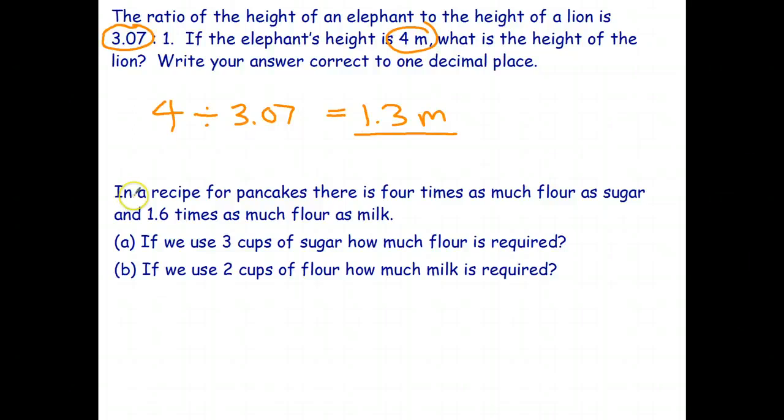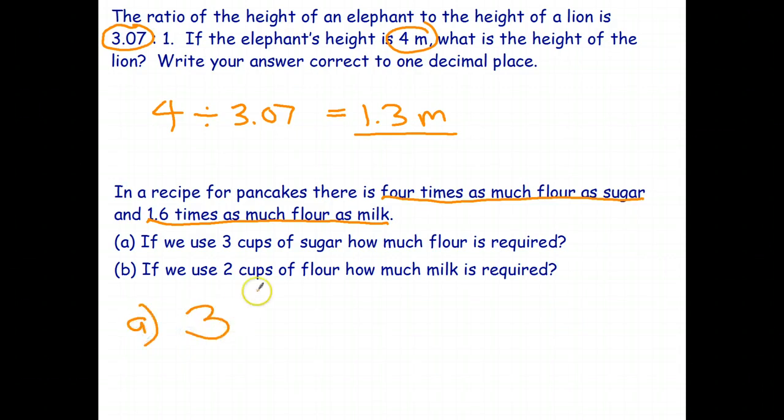Okay, welcome back. Okay, let's have a go at this. In a recipe for pancakes, there is 4 times as much flour as sugar. So we have more flour than sugar. And 1.6 times as much flour as milk. So again, there's more flour than milk. So if we use 3 cups of sugar, how much flour is required?